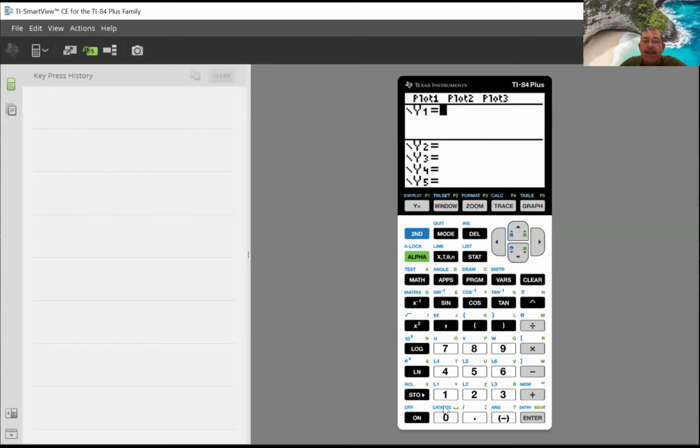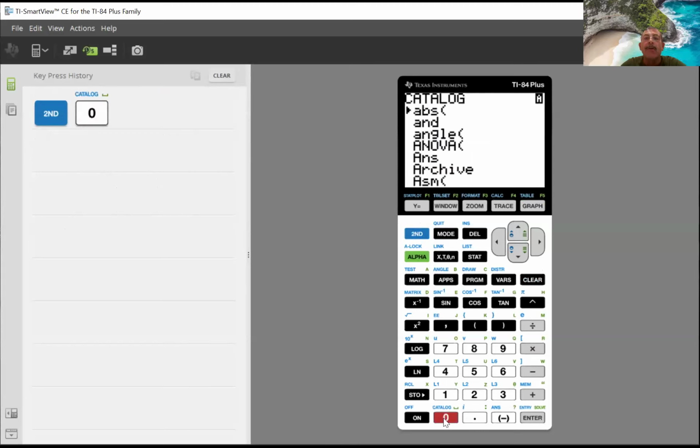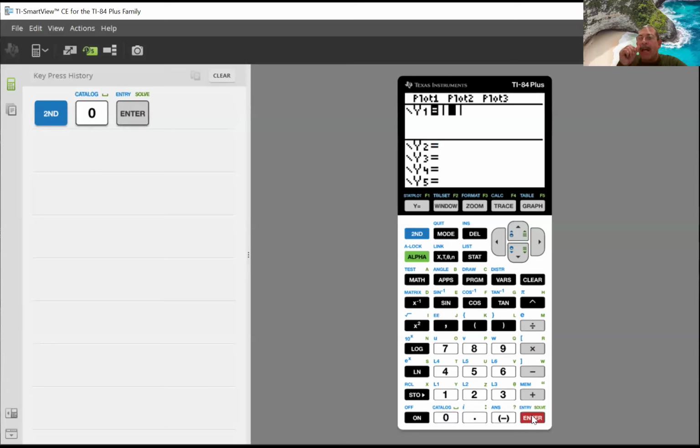Since that catalog is in blue, if you hit the blue second button and the 0, it'll pull up the catalog. And what's the first thing I see? ABS. Well, guess what that is? That's absolute value. So I highlight ABS and hit enter. It brings the pipes on the screen for me. And then I just put in my x minus 5, and then arrow out of that. There we go.